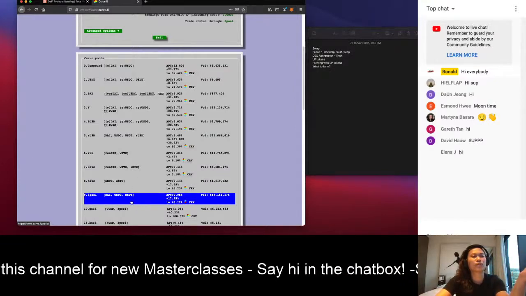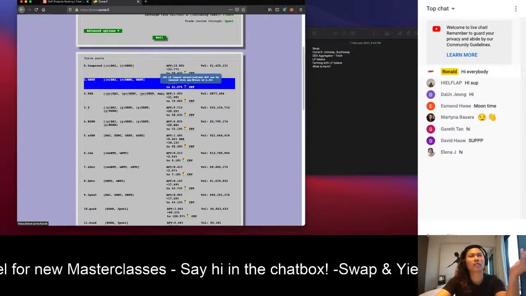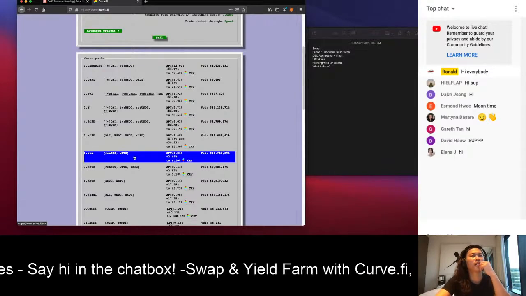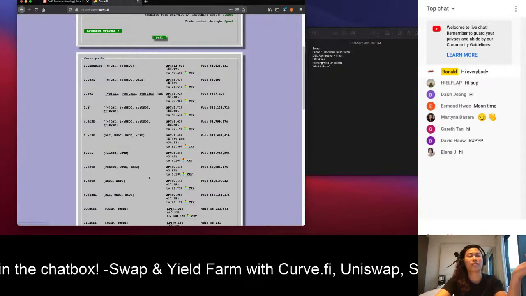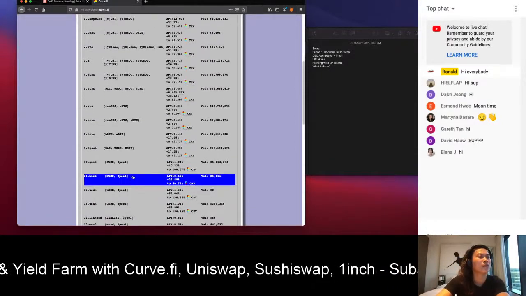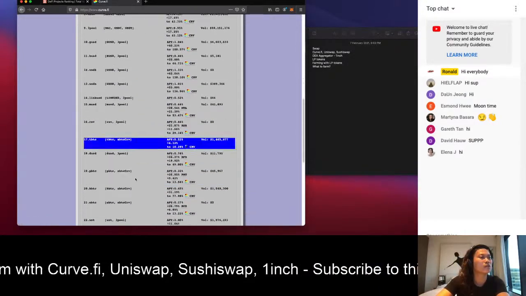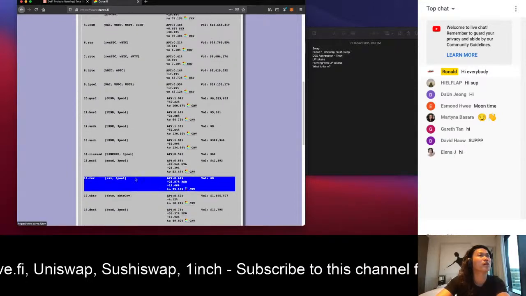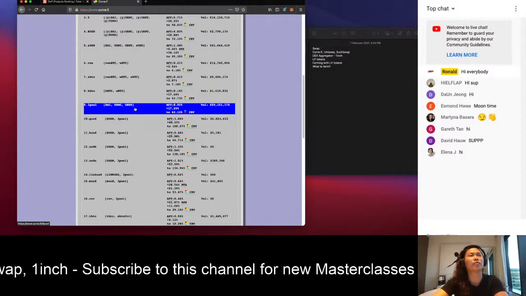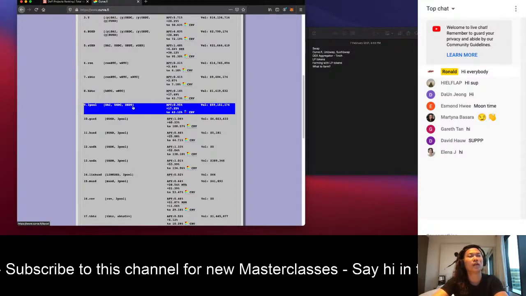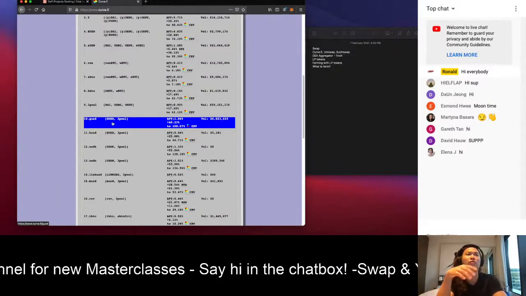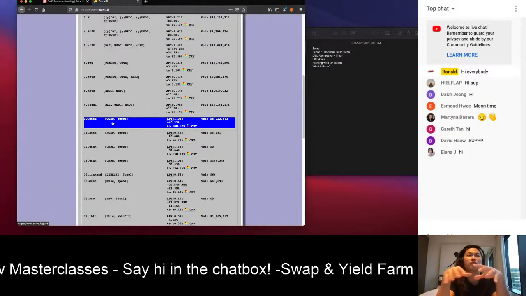Each pool has a different APY, the annual return that you get, and they're all different. For example, this one is the standard 3pool, so it's DAI, USDC, USDT. If you add GUSD in there, you're adding additional risk because you don't know how safe GUSD is.